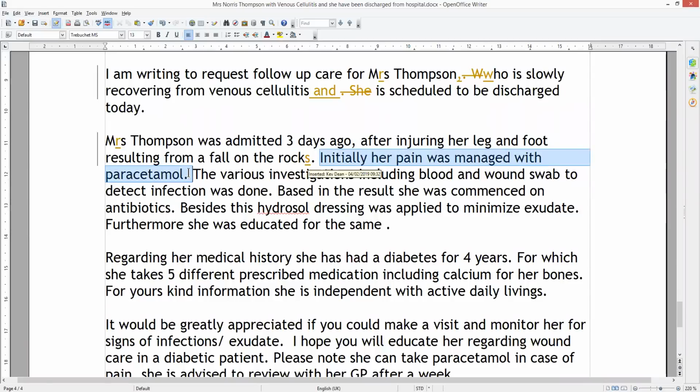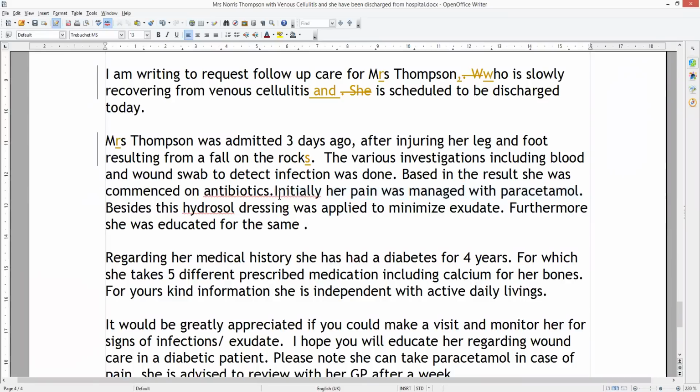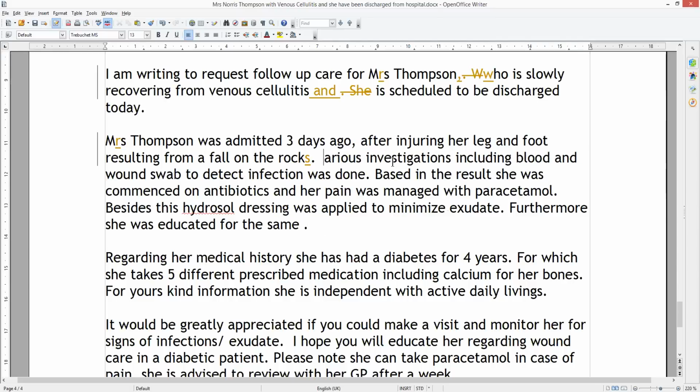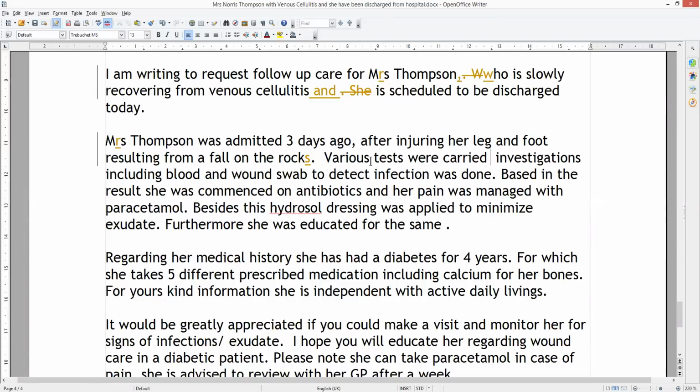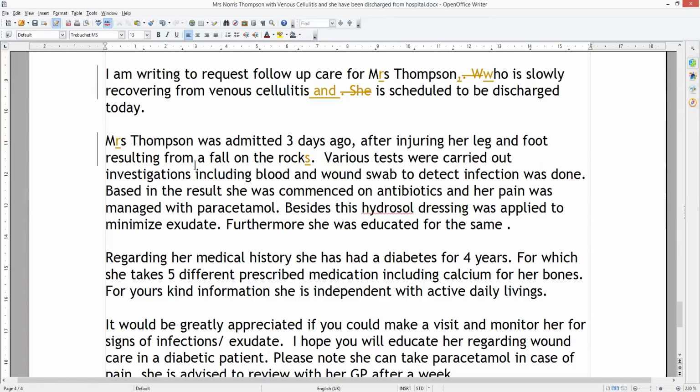So I would group this here, antibiotics, and her pain was managed with paracetamol. So, right, various tests were carried out. That's better than done.